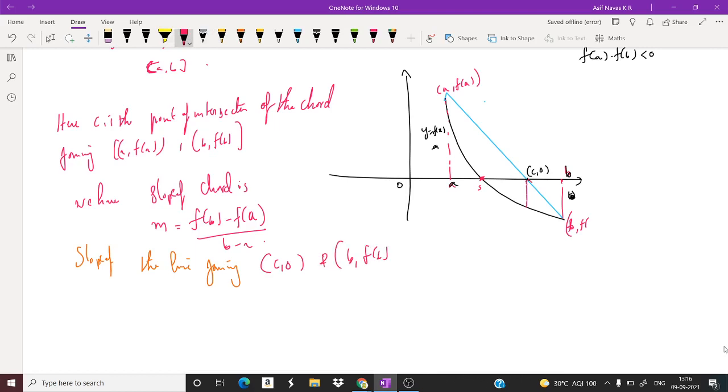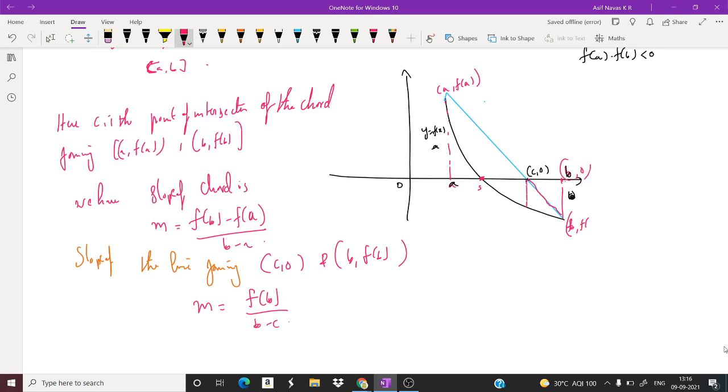So the slope of this is m equal to opposite by adjacent. So that is f of b divided by this length, b minus c.